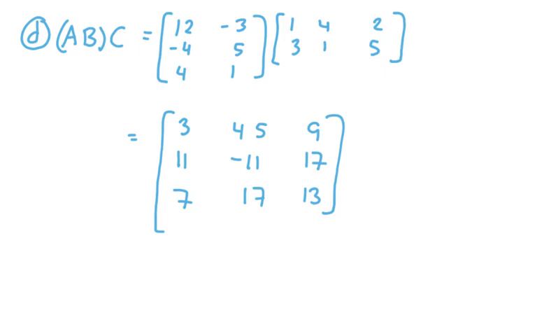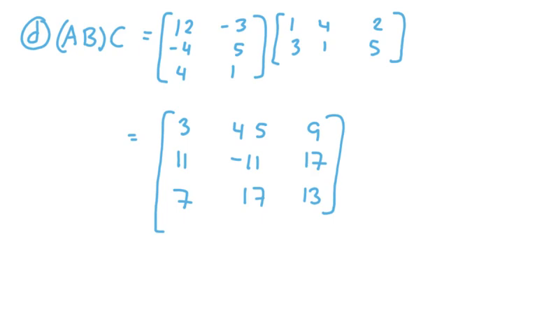Part D. Suppose I want to take the matrix AB and multiply it by C. Don't reinvent the wheel. We already figured out what A times B is. A times B is 12, negative 3, negative 4, 5, 4, 1.